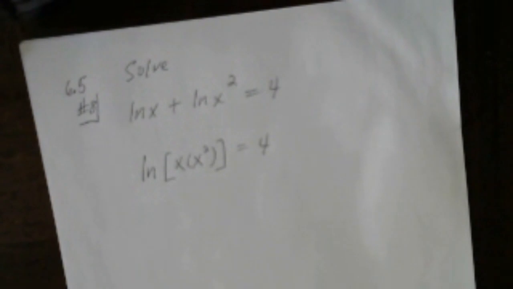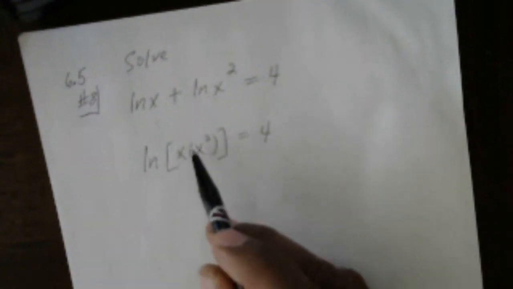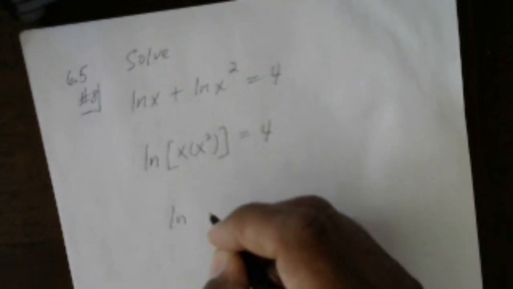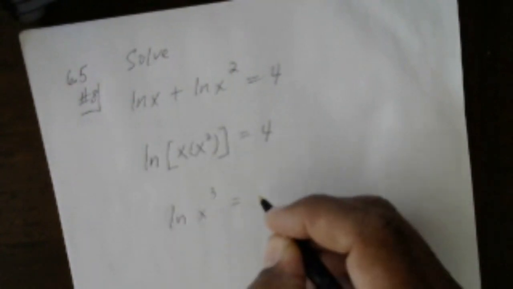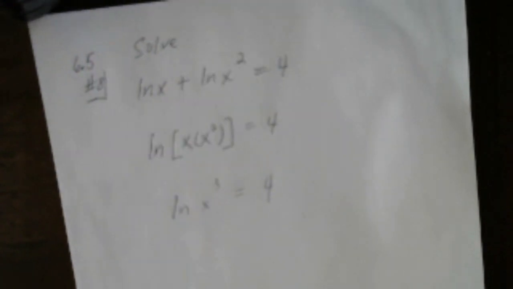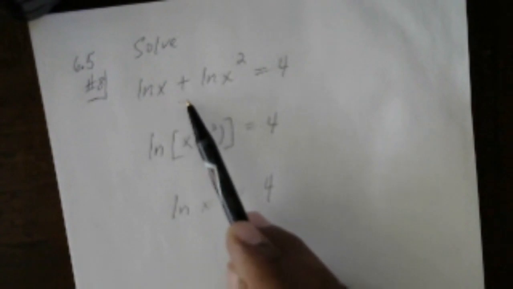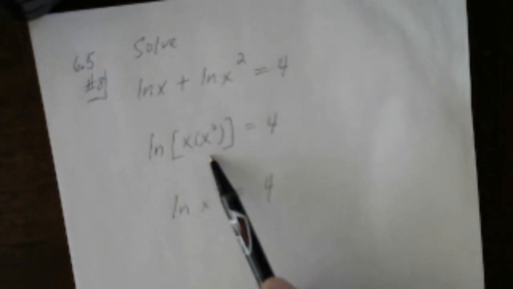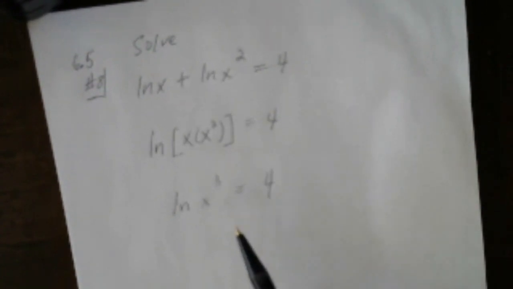Right, so the only thing I did here was I used the product rule. So now if I multiply x times x squared, I would have the natural log of x to the third power is equal to 4. Right, so here I use the product rule. I've rewritten the sum as a product.